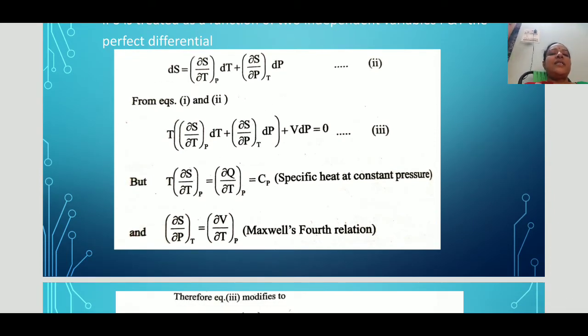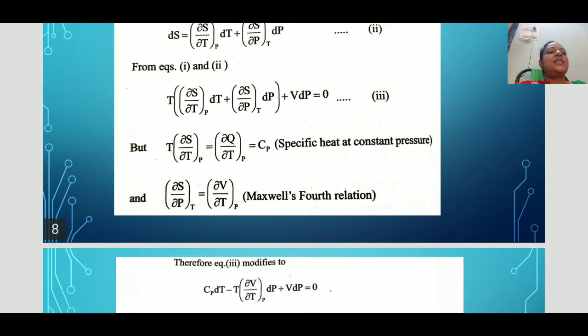In this third equation, let us think about the first term, that is T dou S by dou T at constant P. TdS is nothing but the second law of thermodynamics. It gives the total heat supplied, that is dou q by dou T at constant P. Again, this heat supplied at constant pressure must be equal to the specific heat at constant pressure. So totally T dou S by dou T at constant P can be written as Cp.